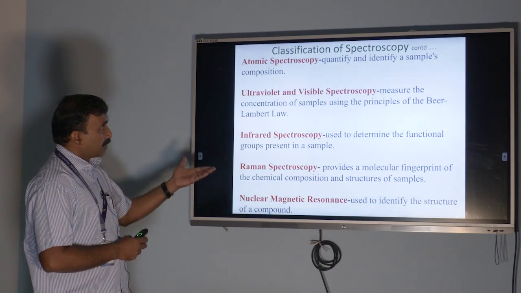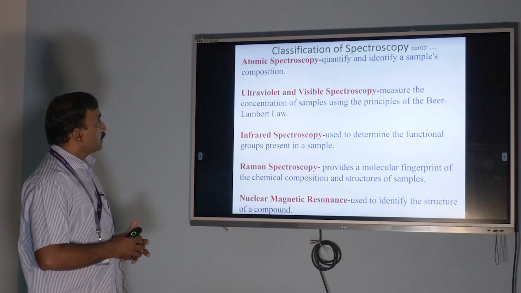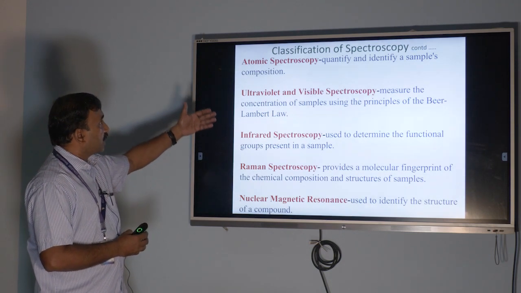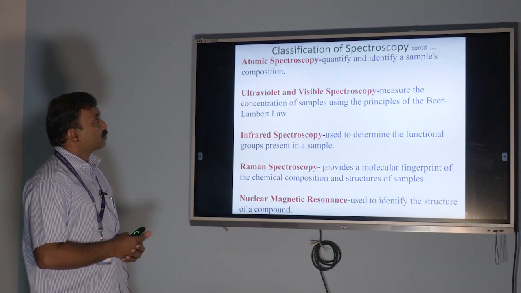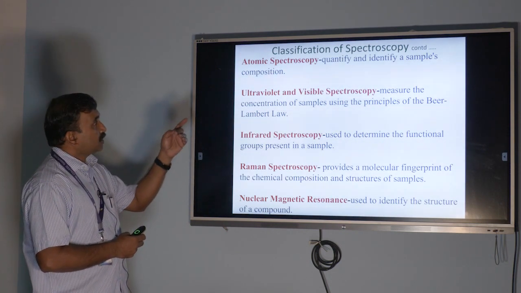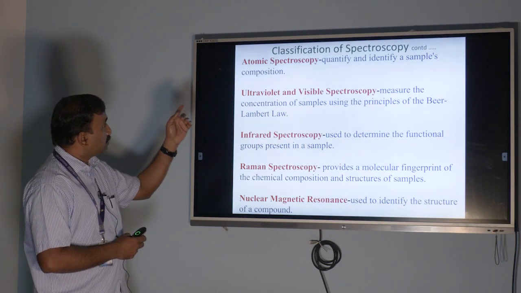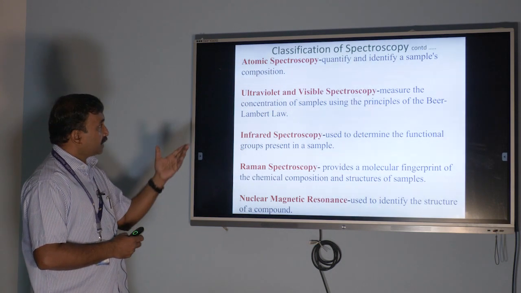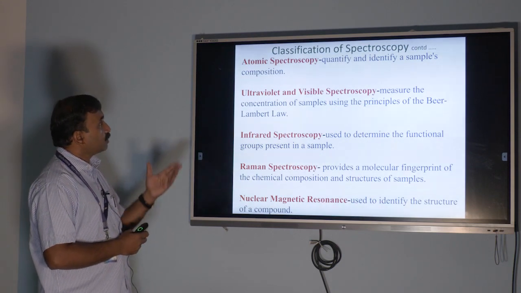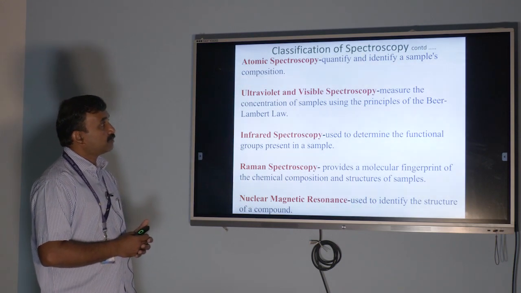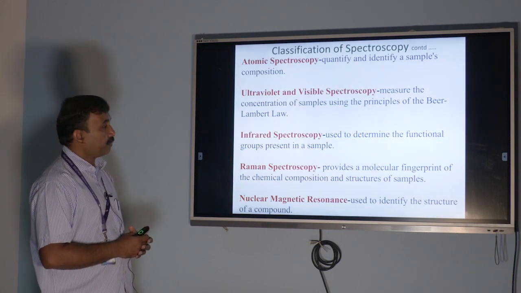Continuing the classification of spectroscopy, it is classified into these types. One is atomic spectroscopy, used to quantify the sample's composition. The next is ultraviolet and visible spectroscopy, which measures the concentration of samples using the principles of Beer-Lambert's law.